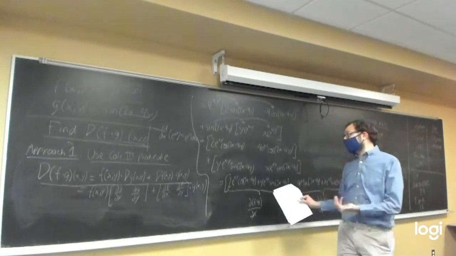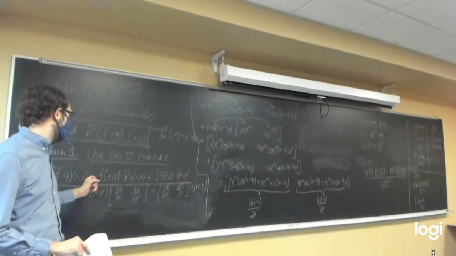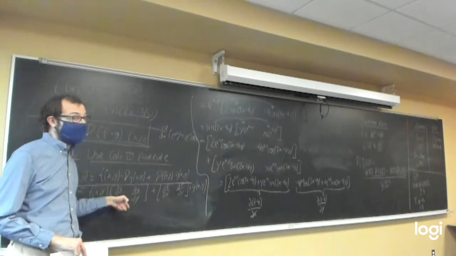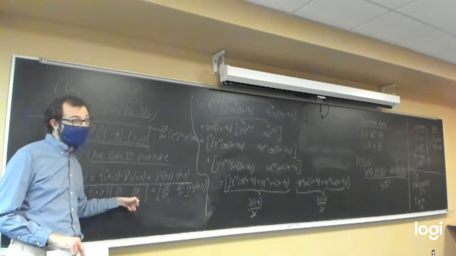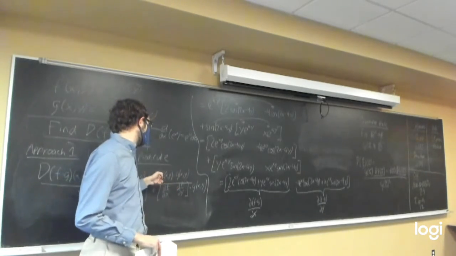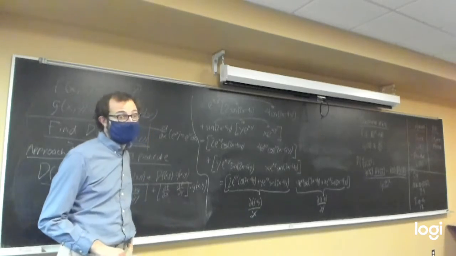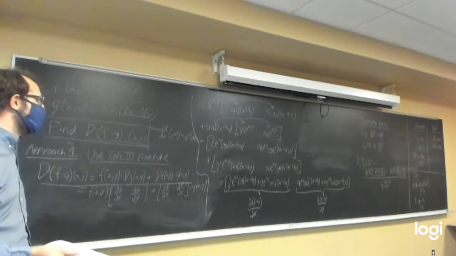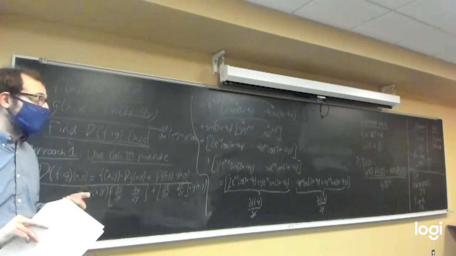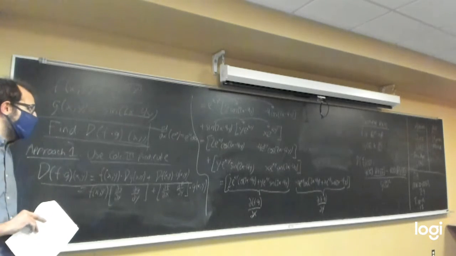But all of these pieces came from the multivariable product rule, where we took f times the derivative of g, where the derivative of g was this matrix of g's partial derivatives. Then we added the derivative of f times g, where the derivative of f was this matrix of f's partial derivatives. We took all of our partials, combined everything, and simplified down to a single matrix. That is what we got for the derivative of f times g.